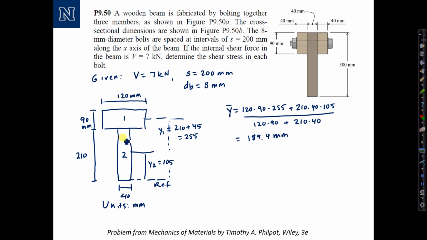So that gives us the location of the centroid, which is 189.4 from the bottom reference axis.